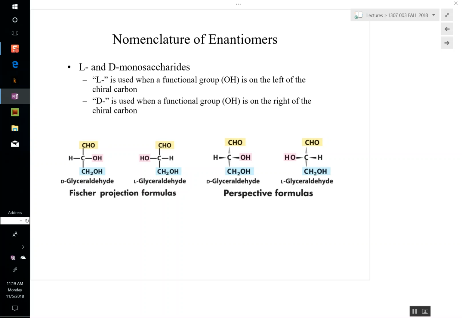So this is carbon 4. Look, this carbon is chiral. It has this, that's one. It has an OH, not a hydrogen, that's two. It has a CH2OH, that's three. And it has this big clunky thing up here.